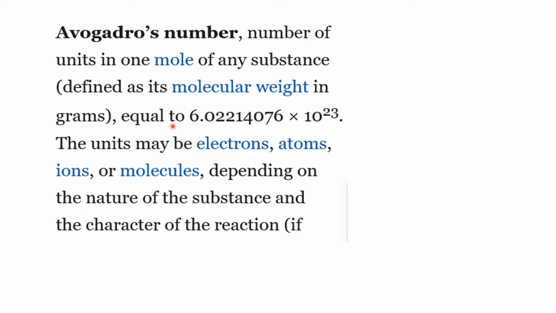So the Avogadro number is equal to 6.022 times 10 to the 23 units. The units may be electrons, atoms, ions, or molecules, depending on the nature of the substance and the character of the reaction. Let us proceed.